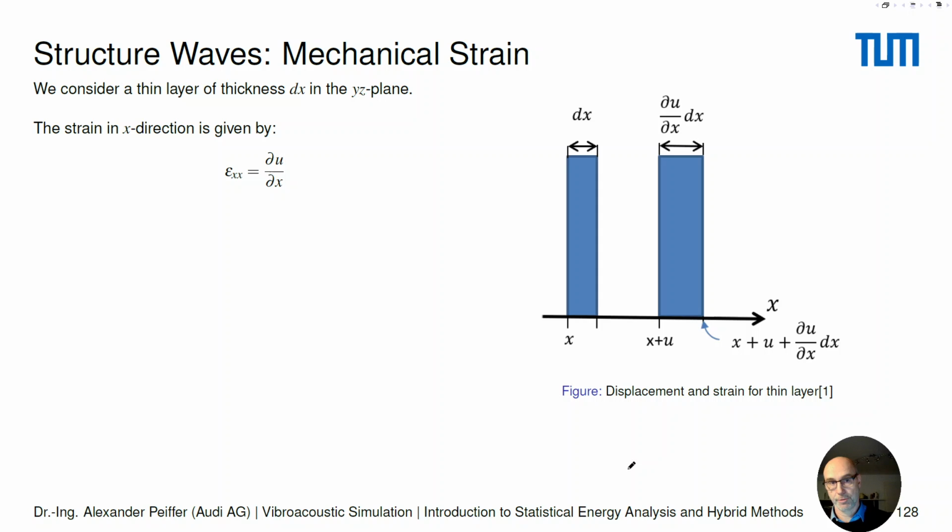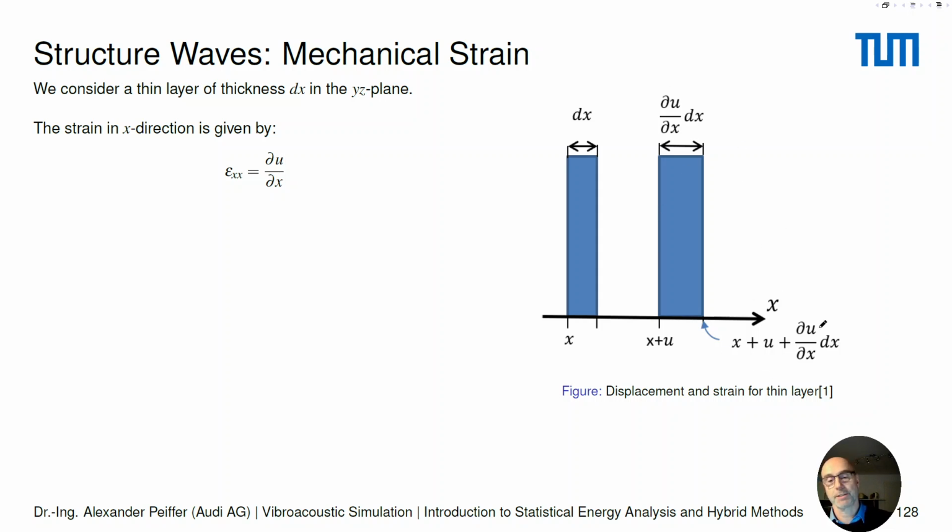Good. So that's it so far for introduction. Now the question is, or that's the job that we have to do: we would like to express the strain in terms of equations that are just related to the displacement. And we start with the normal changes. Just imagine that you have a small slab in the solid located at x with a thickness dx, and if this is moved to another location u by the left side, the right hand side of this block is located at x plus u plus the change in thickness.